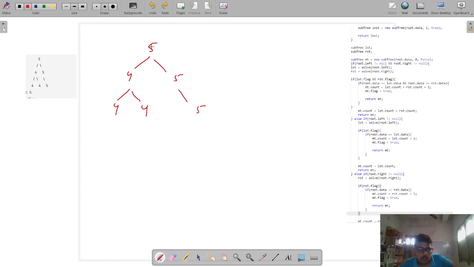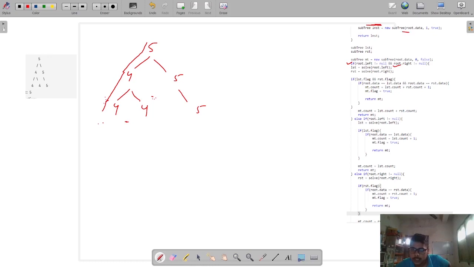So our left node is not null, right? So here our left is not null, right is also not null. So what we will do, we will call for left. For left the call is on, and again we reach here, and here also the two children are non-null. So again the left call is on, but here we got our base condition, that both the children are null.